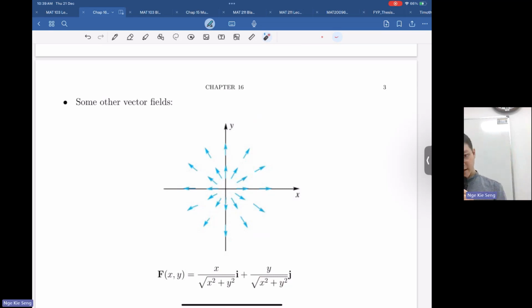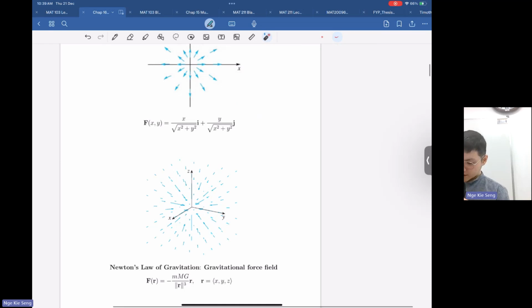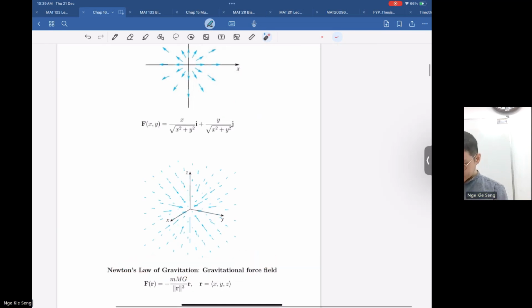Okay, so similarly, what can we do? We can extend this result to gravity. So we will have a gravitational force field, for example, here. The G M m over R squared. Here there's a minus sign compared to what we had before because this is going inward, just now it was going outward.